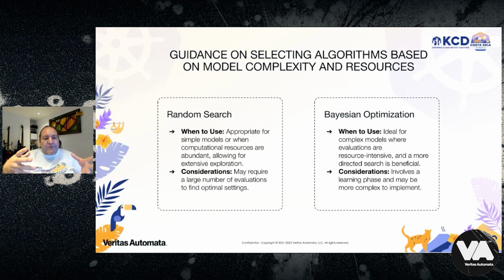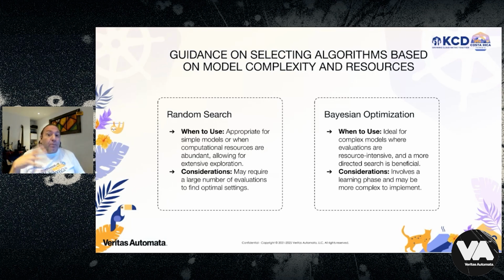But when you have restricted resources, the random search is really something that you have to optimize immediately. So you will start generally with random, but you will move out from random as soon as possible. And the consideration here is that it may require a large number of evaluations to find optimal settings. For this reason, I talked about the consequence. When I found something, I need to move out to some better approach to find the rest of the information.